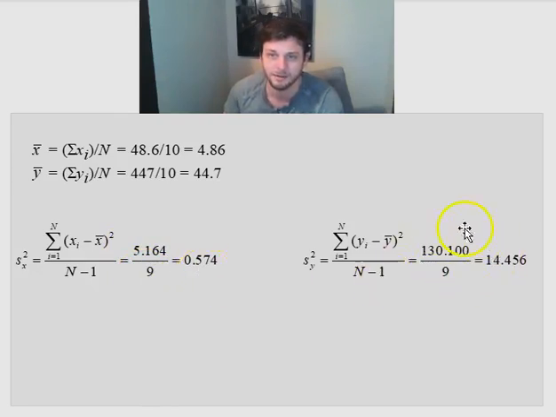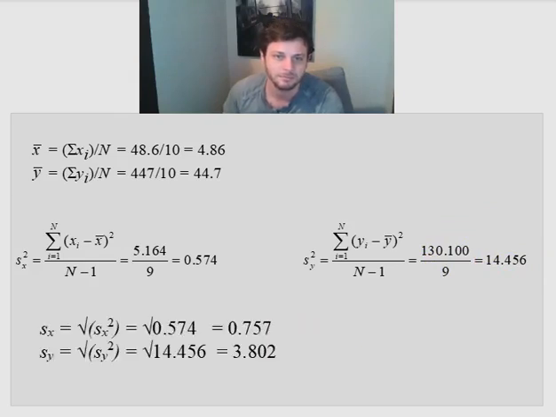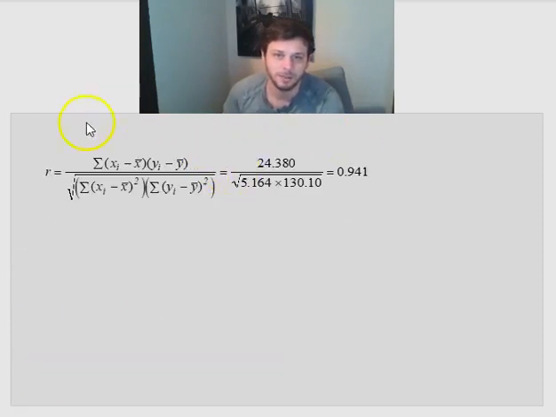For your y's, 130.1 over 9 to get you 14.45. Then take the square root of that so you can get your standard deviation. And then we can plug that all into our R formula here.